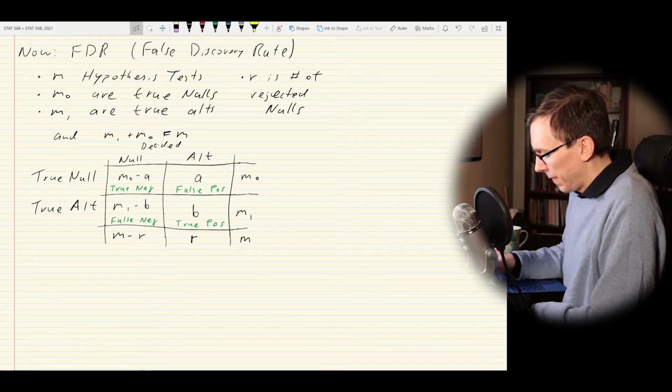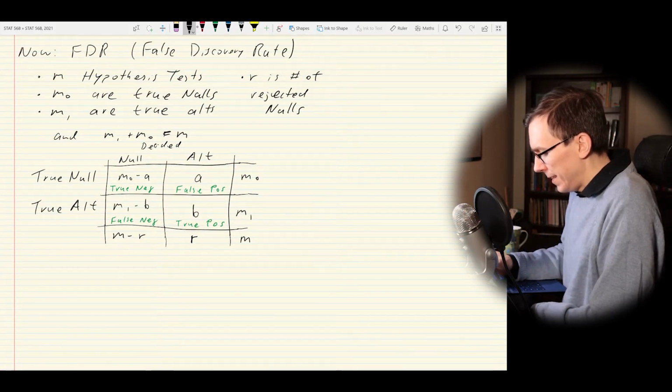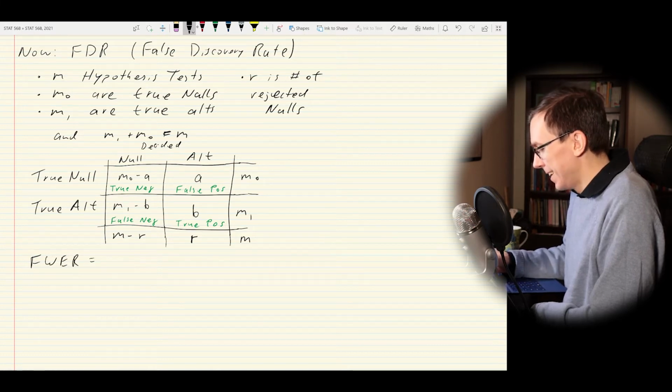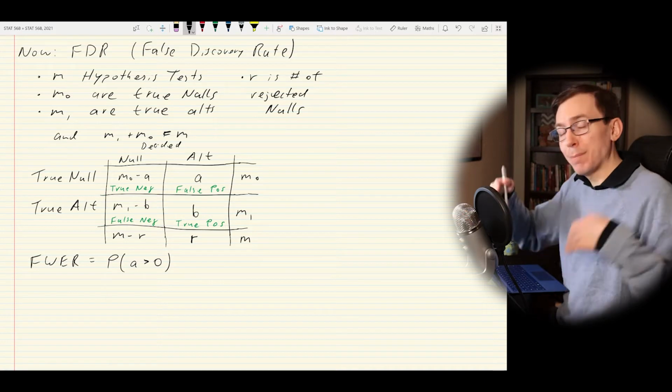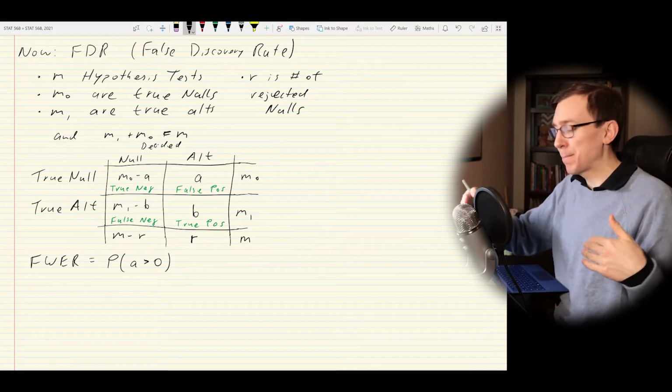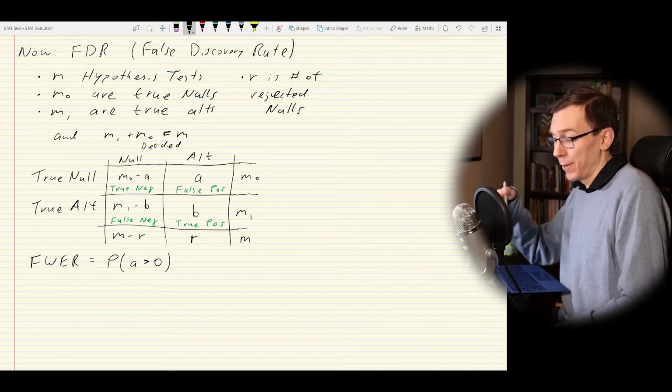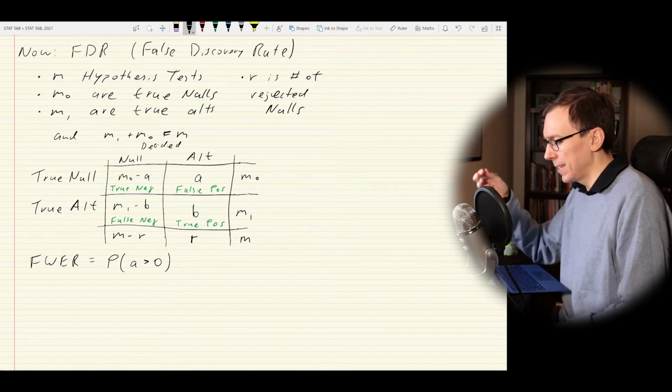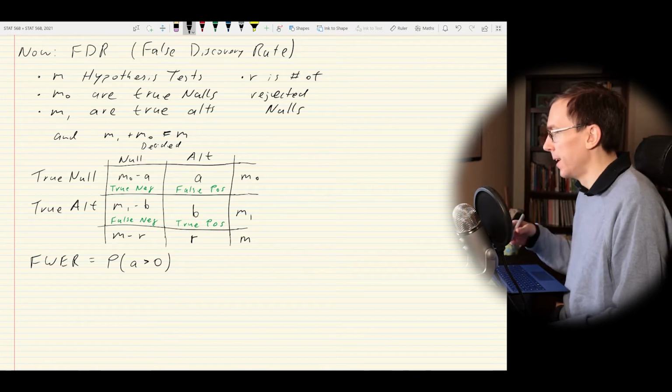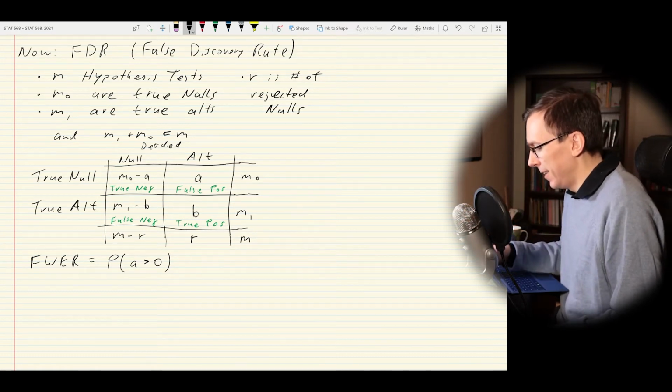So in this notation, the family-wise error rate becomes, well, two things. It's the probability that A is greater than 0, right? It's the probability of at least one false positive. So we're basically saying what's the probability that A is larger than 0? At least one or more of the nulls were falsely rejected.